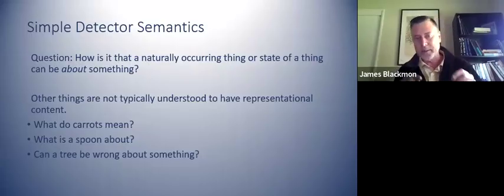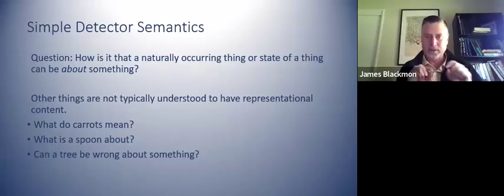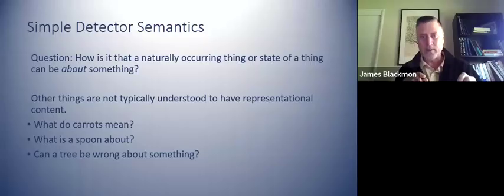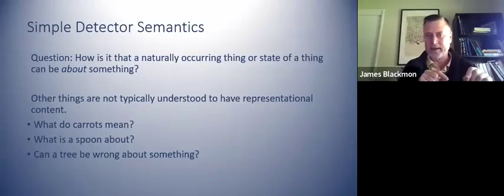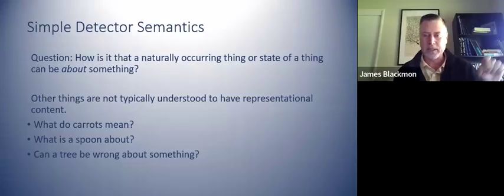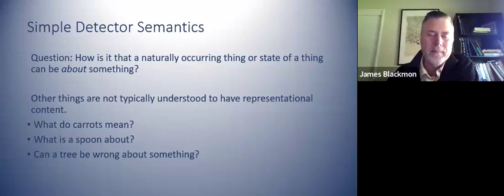And then I give the example of the tree, because some trees have rings. You can look at the rings of the tree by drilling in, getting a sample, and counting the rings and figuring out how many seasons it's been through or how old it is, right? But you don't say that the tree is about its age, and it would be weird to say that it could be wrong about that. That tree is false, right?